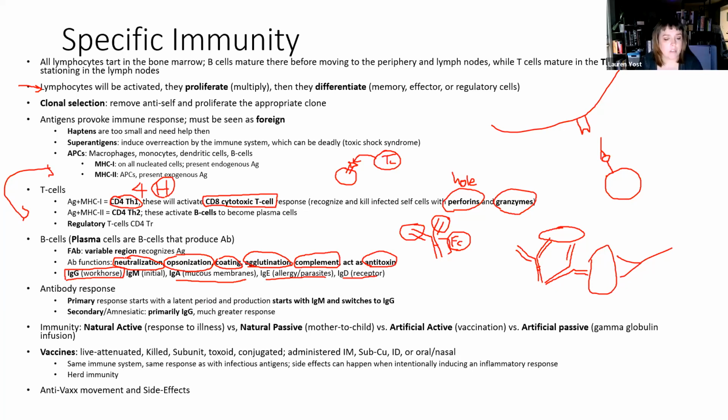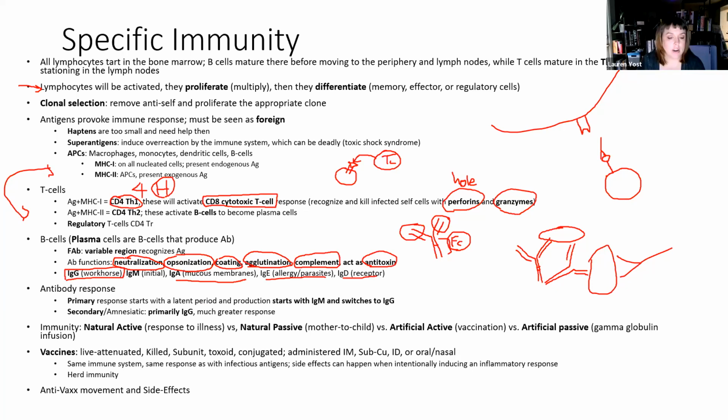Subunit is a vaccine that's made with part of the pathogen, not the whole pathogen. Toxoid is a vaccine against a toxin and not the organism itself that makes the toxin.